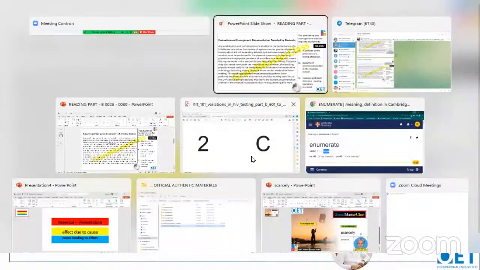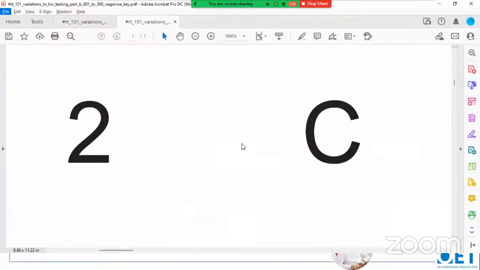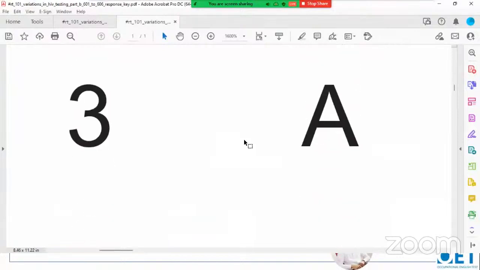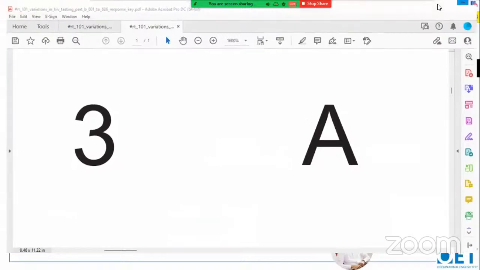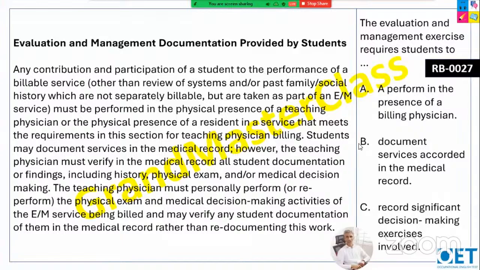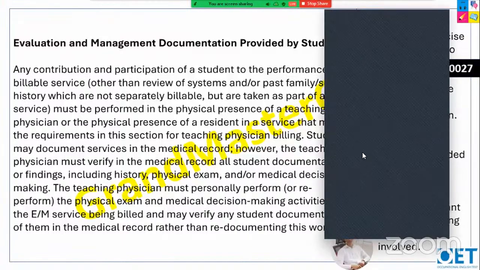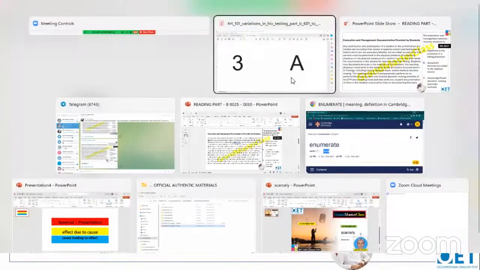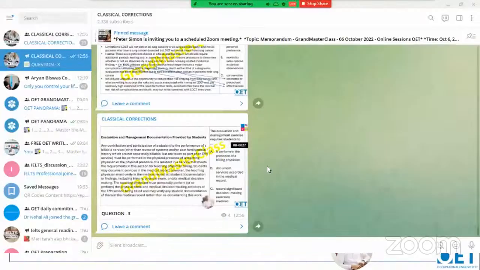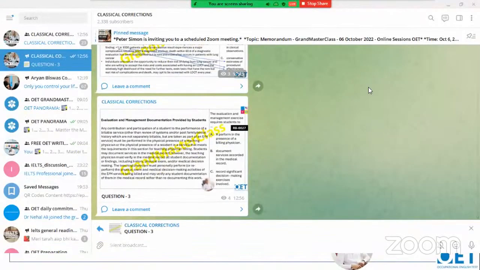And the lucky winner is, let us see, A. The lucky winner is A. So 2 people have given the answer A, Sophie and Shahid. Right. So A is the right answer. So let me feed the answer here.